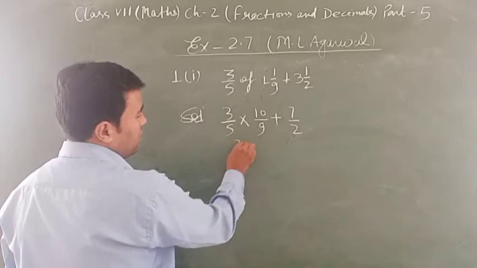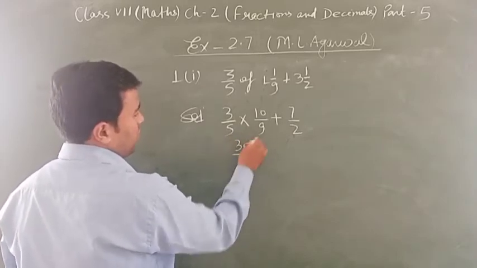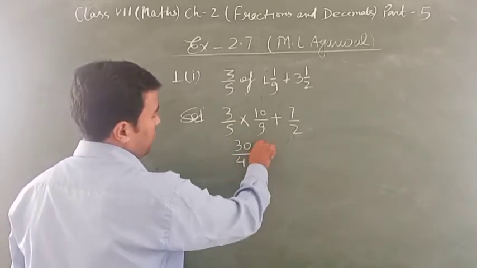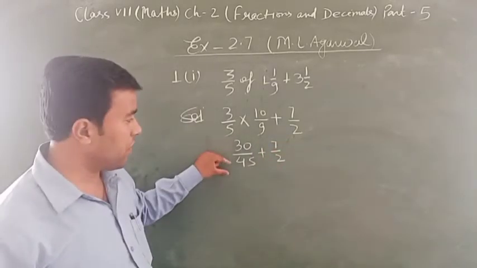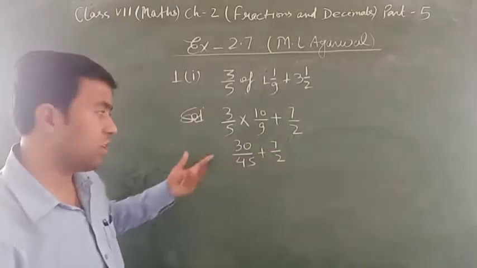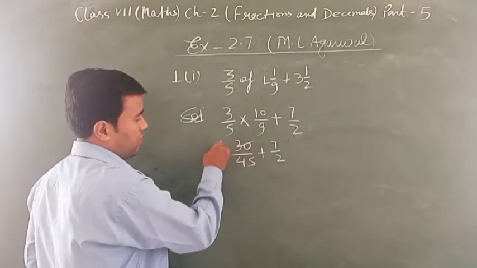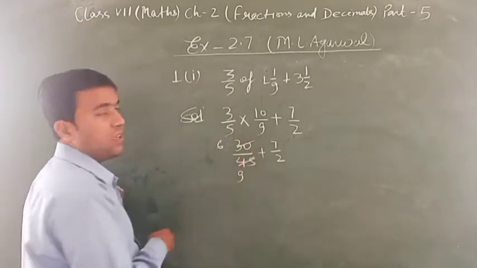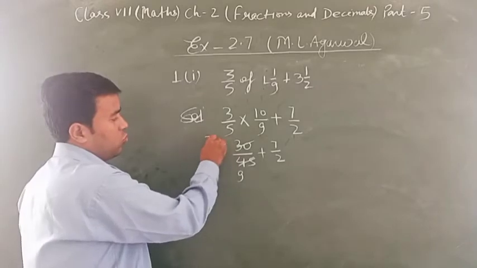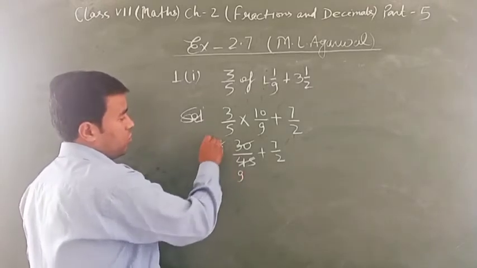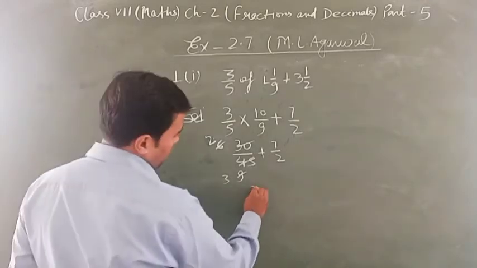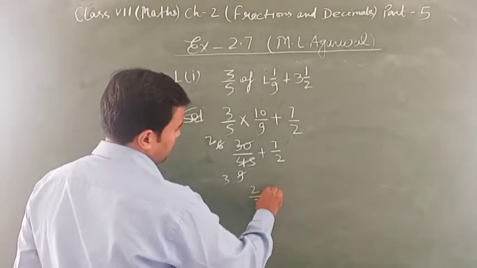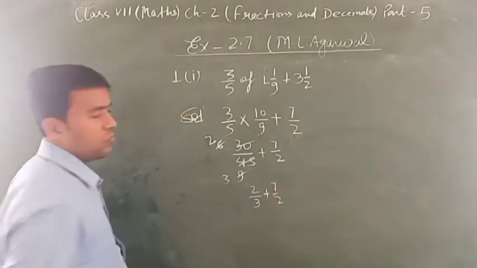3 tens are 30, 5 nines are 45, plus 7 by 2. See, this fraction you can reduce. 5 sixes are 30, 5 sevens are 35, no: 30 by 45 reduces to 2 by 3. Means 2 by 3 plus 7 by 2.